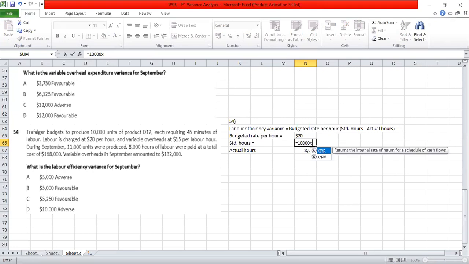Each unit taking 45 minutes, 45 minutes out of 60 minutes. So put it that way, because that has to be calculated in terms of number of hours. 45 minutes divided by 60. So that is the time part of it.